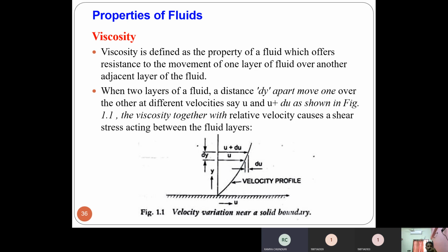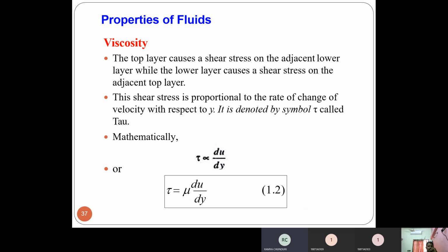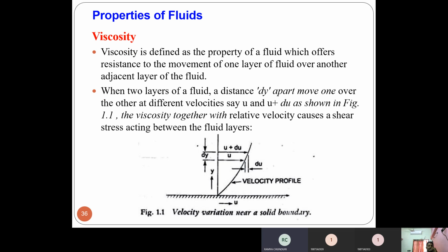Here we are seeing 2 layers, one at a distance of y, moving with velocity u. Over this layer, another layer is flowing with velocity u plus du and lying at a distance of y plus dy. dy is the change in length, represented in the y direction, and du is the change in velocity, represented on the velocity profile.